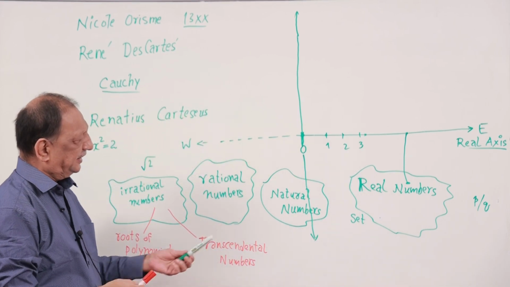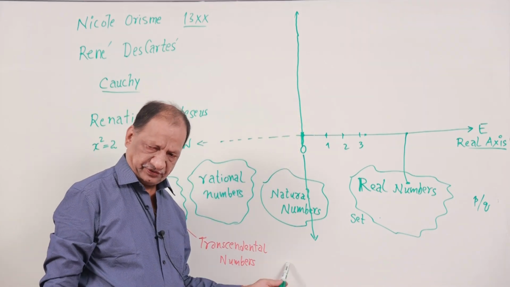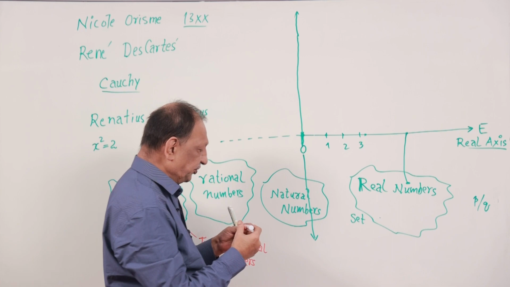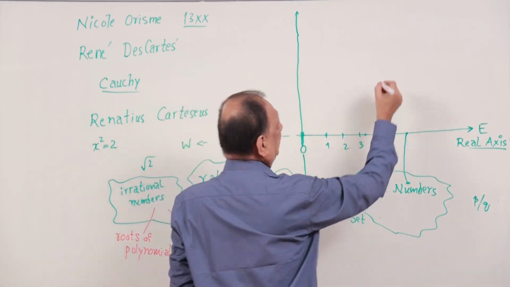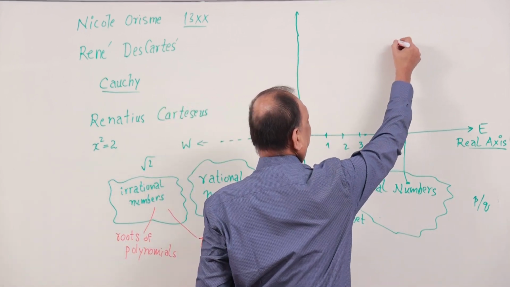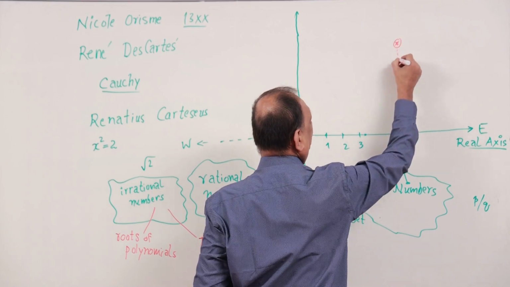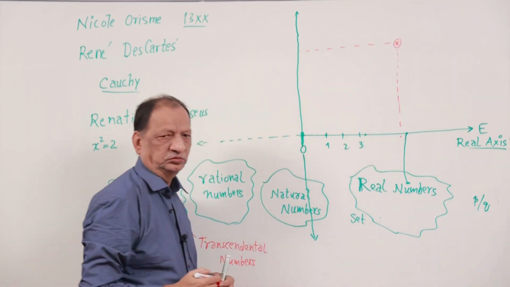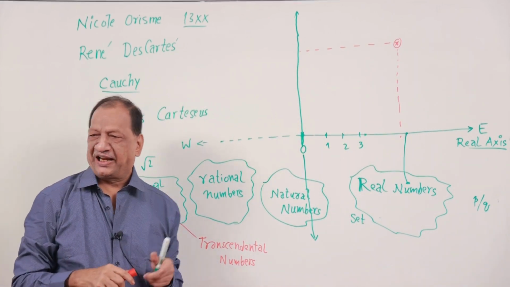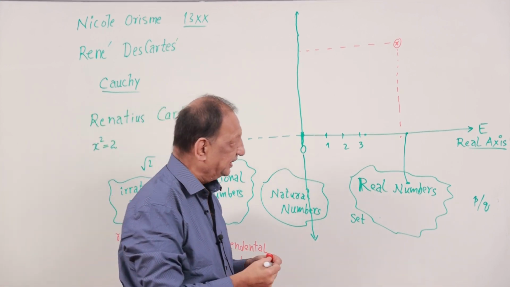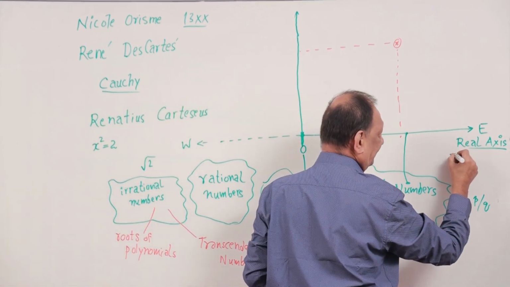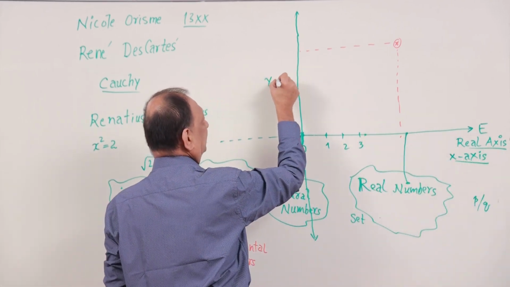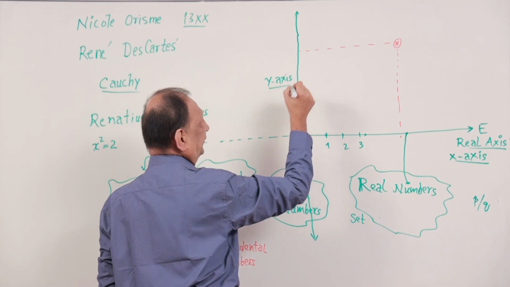So that means I can take any point on this other real line, which also represents a real number, and once you have these two lines, I can represent any point on the plane by simply dropping a perpendicular to the two real lines that I have drawn. In this case we call it the x-axis, the horizontal axis, and this we call the y-axis, as a standard notation.